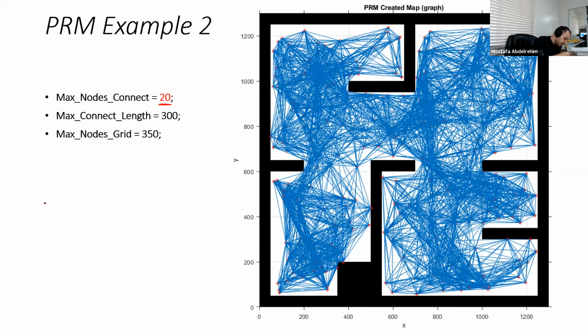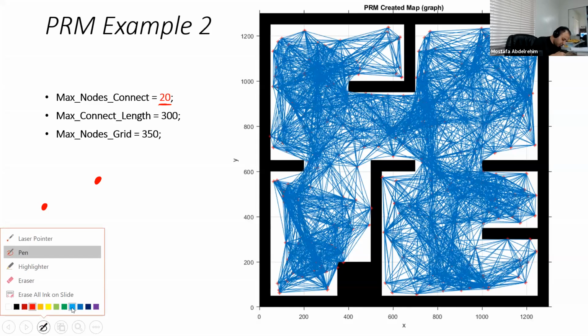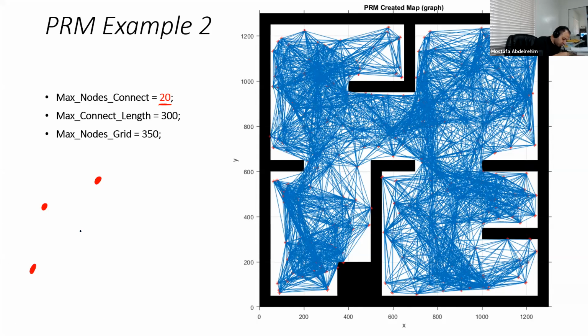So for example, if we originally have 3 nodes like this, and then we generated a new node, for example here or here, and the maximum length is 300. Let's assume this distance is 200, this distance is again 200, and this distance is 100. So all of them are within the range.